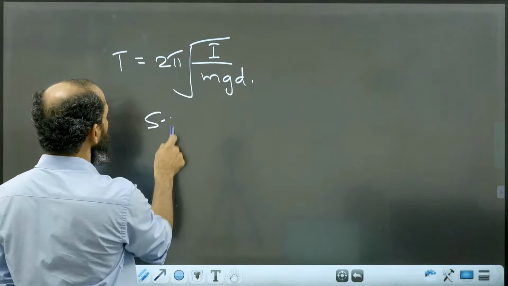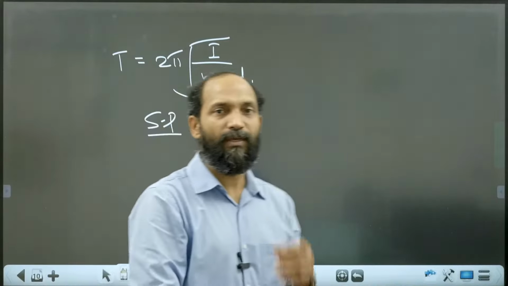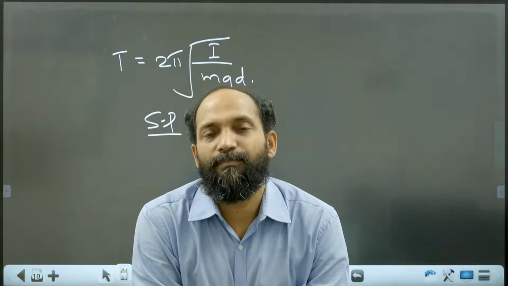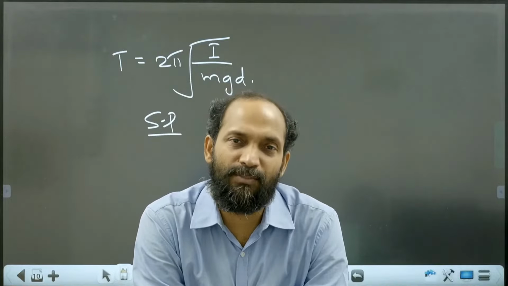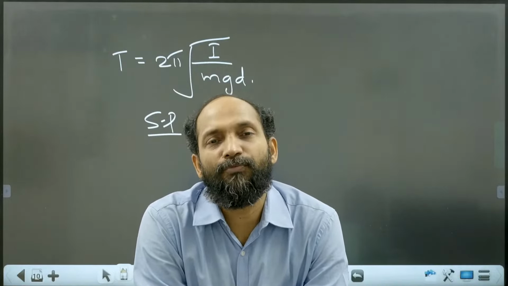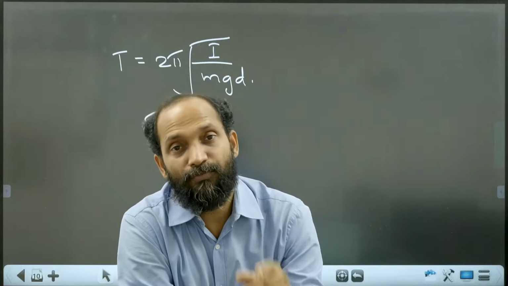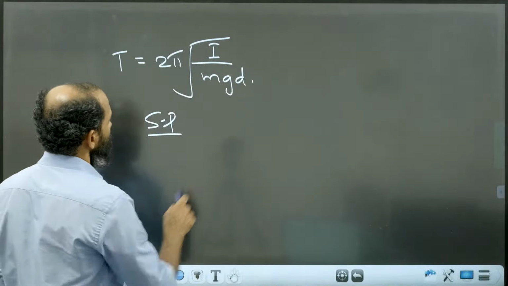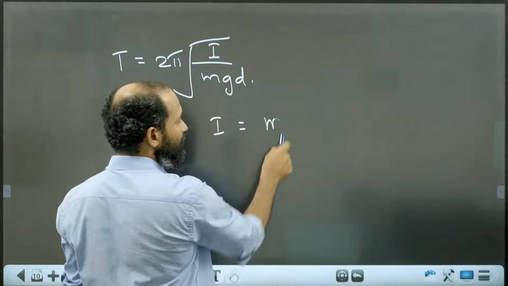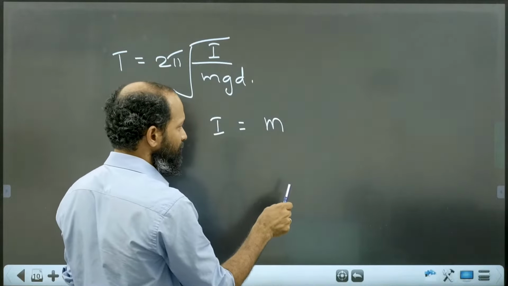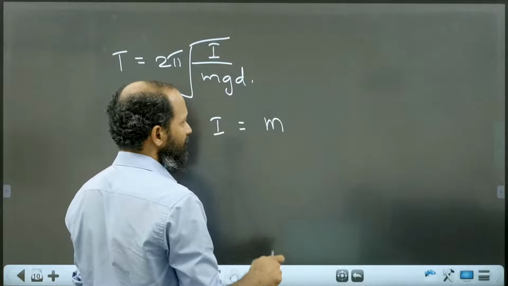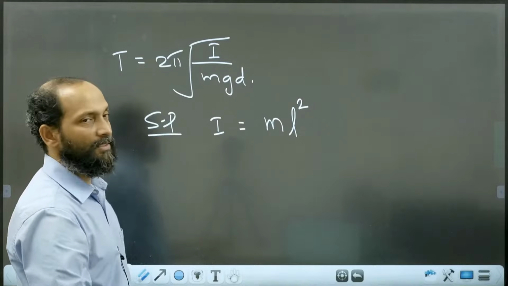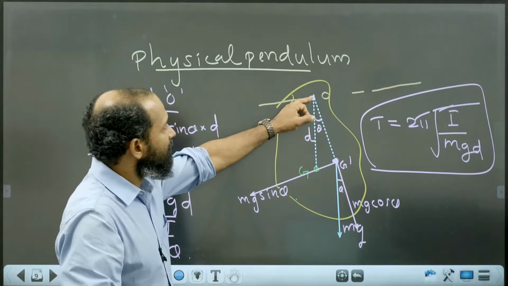A simple pendulum has a heavy sphere, a heavy ball whose size is negligibly small, suspended by means of a light inextensible string from a rigid, frictionless support. There the moment of inertia I is equal to the mass of that sphere into the perpendicular distance square, where L is the distance from the point of suspension to the center of gravity.